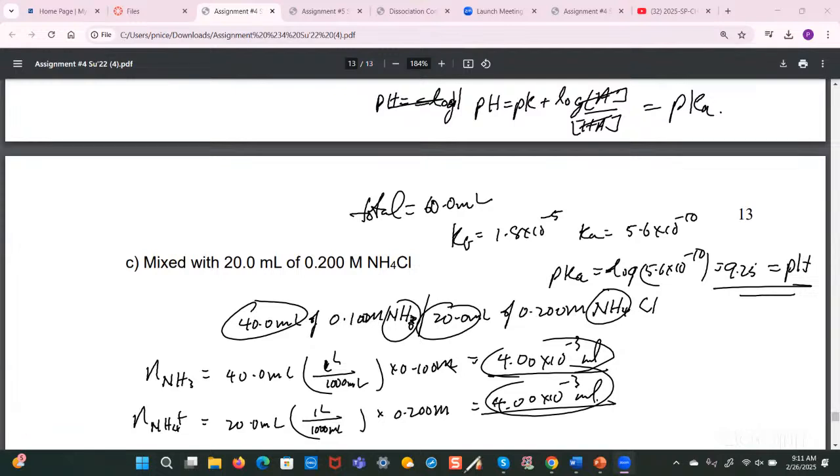For which one? 15? Oh, that was for the two athletes.